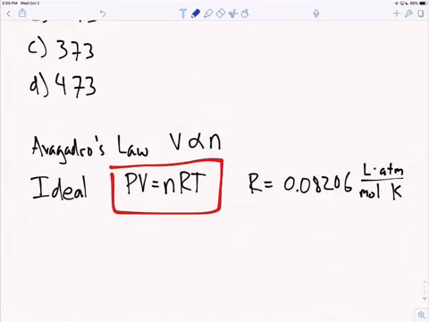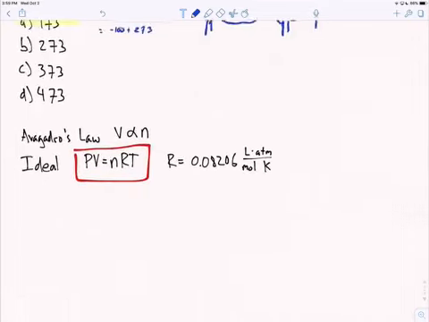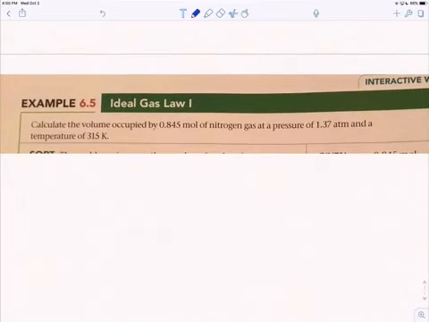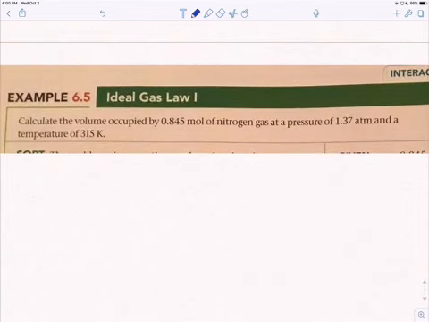An atmosphere is the average pressure of the atmosphere of the Earth at sea level. Okay, so let's apply this. Calculate the volume occupied by 0.845 moles of nitrogen at a pressure of 1.37 atmospheres at a temperature of 315 Kelvin. So, ideal gas law.